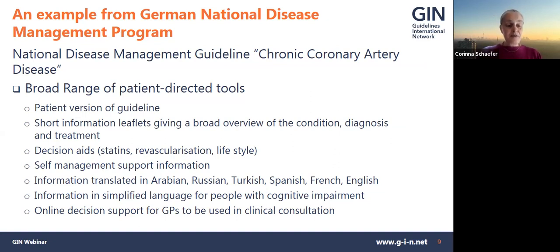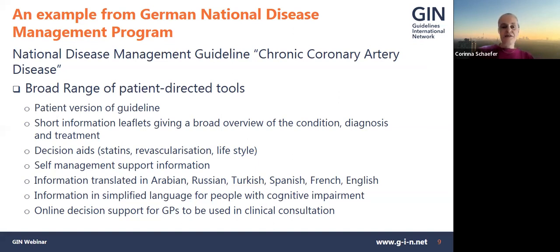And we also have developed online decision support tools for GPs, which is not something that guides the GP decision, but helps the GP having the consultation, the discussion with the patient. For example, we have one developed for the use of statins, and the GP sits in front of the desktop together with the patient, and they have a look at this tool, and you enter the individual risk factors, and you have a kind of a calculator that says what broadly the risk of developing, for example, myocardial infarction would be.